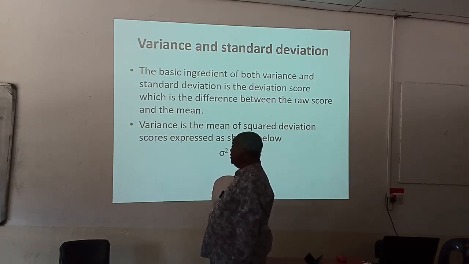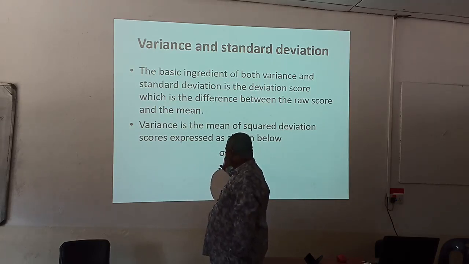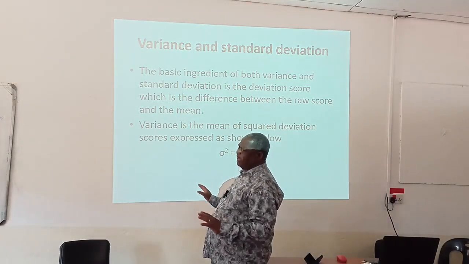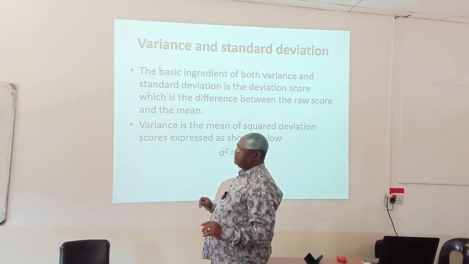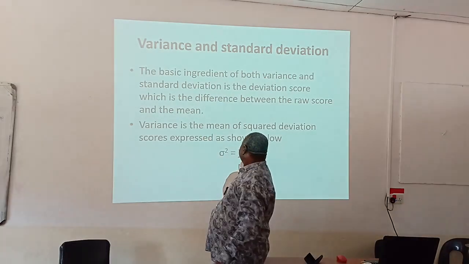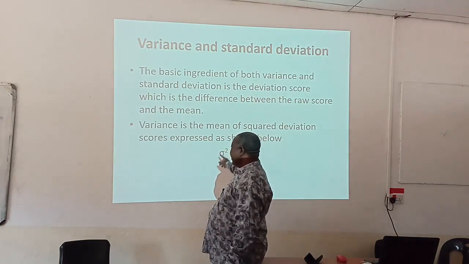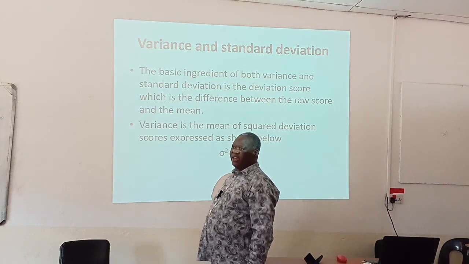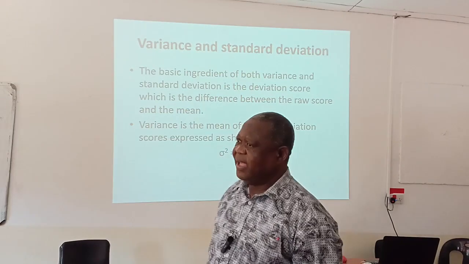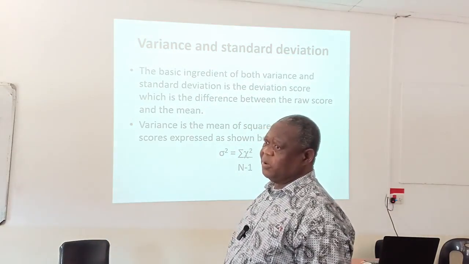If you use that formula, then you are getting an idea of how the scores are falling apart from each other, but at a higher level because of the square you have done here. If you take the square root of this, then you'll be measuring how the scores are falling apart from each other. And that is referred to as the variability of the scores.